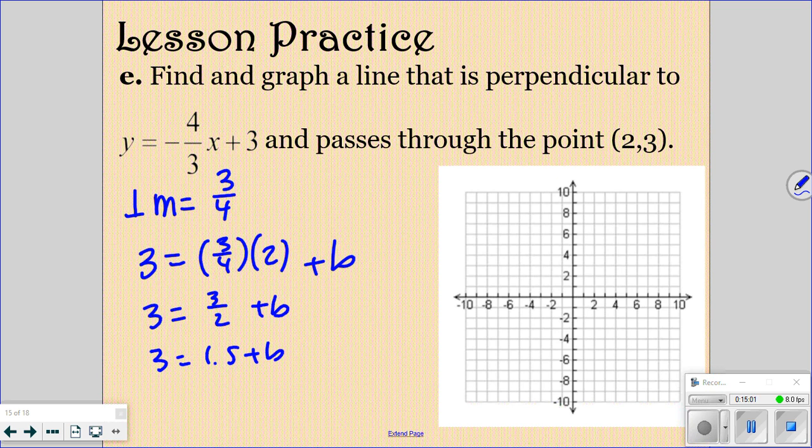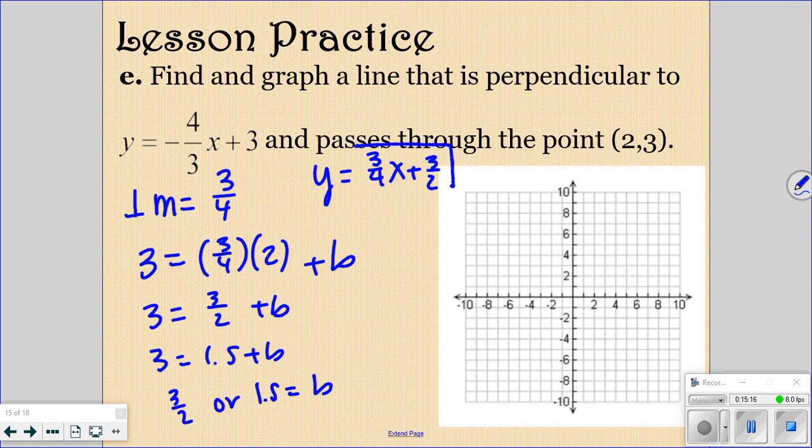Either one is fine with me. And then when you subtract, you're going to get either 3 over 2 or 1.5. So your equation will be y equals 3/4 x plus 3/2, or plus 1.5, either one.